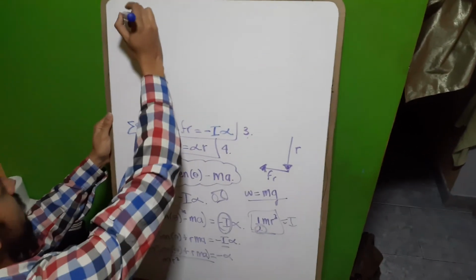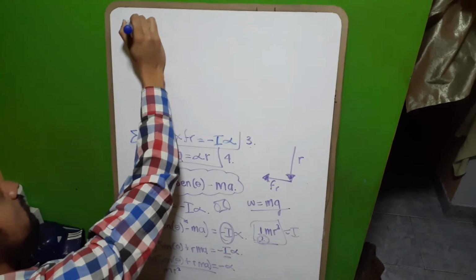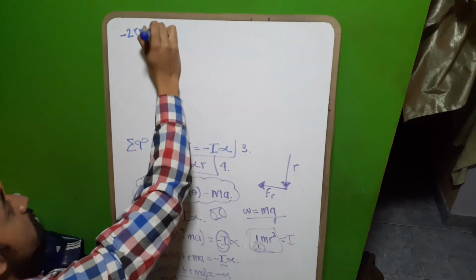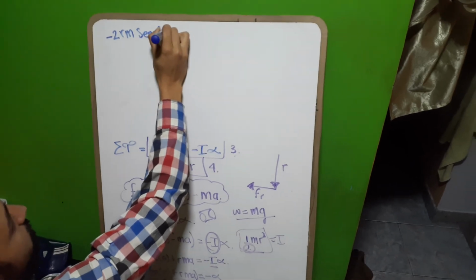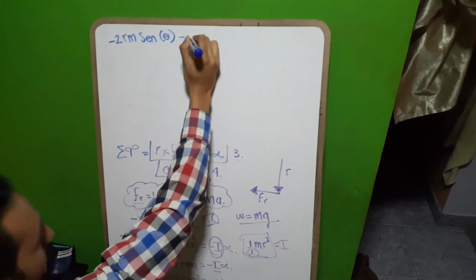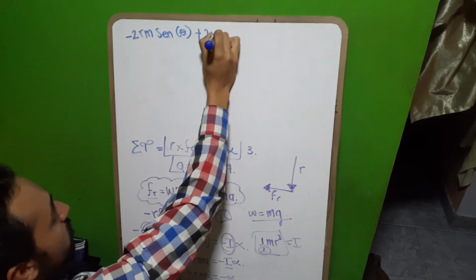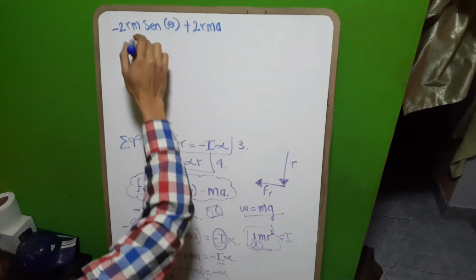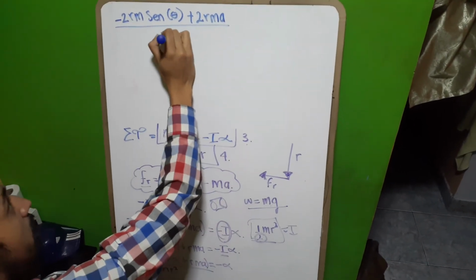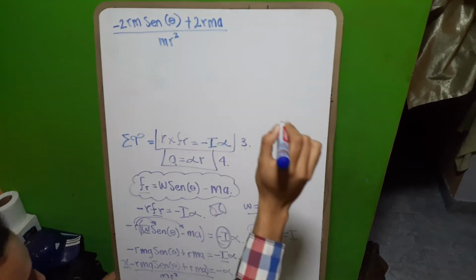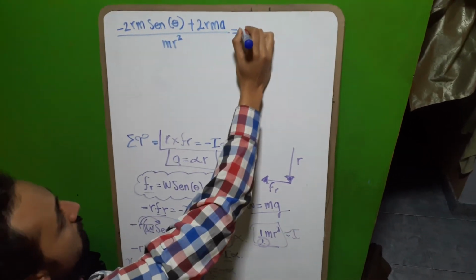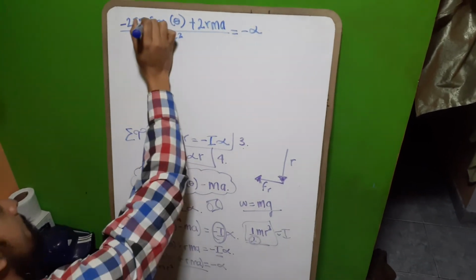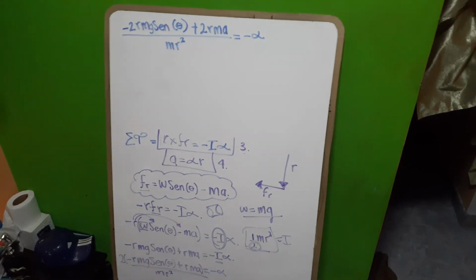These two are m g sin theta, 2 are m a, 2 m g.